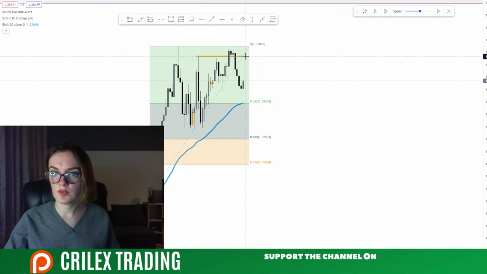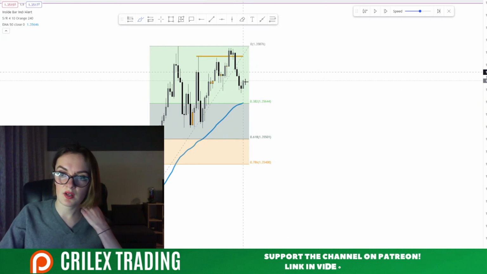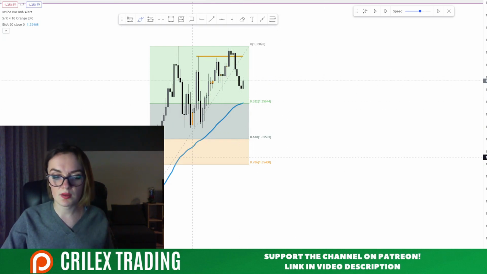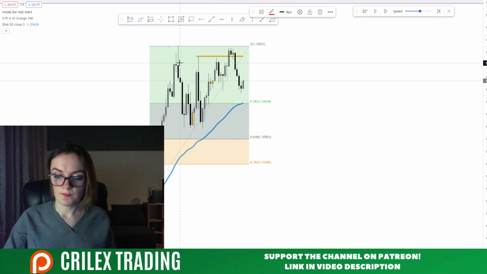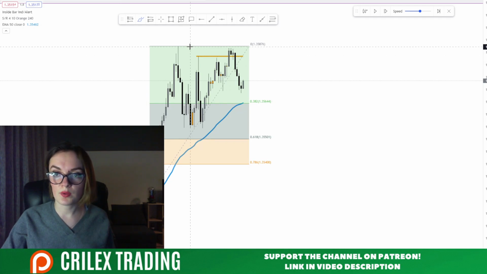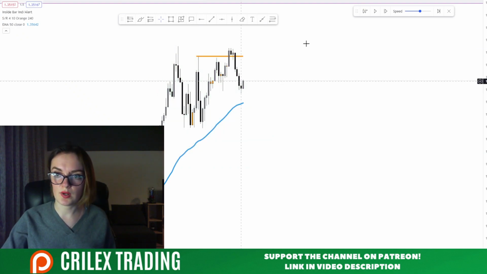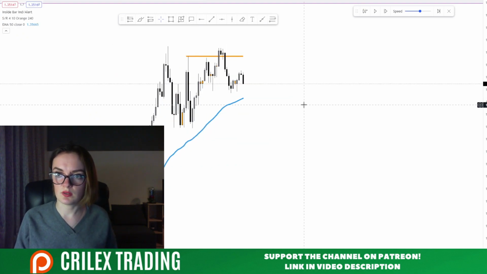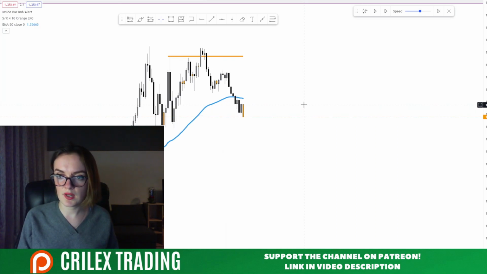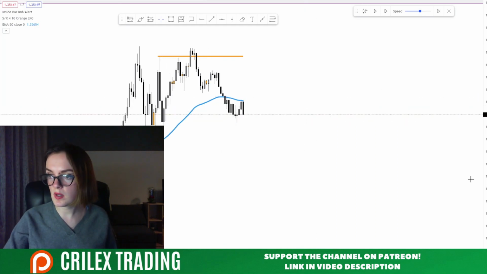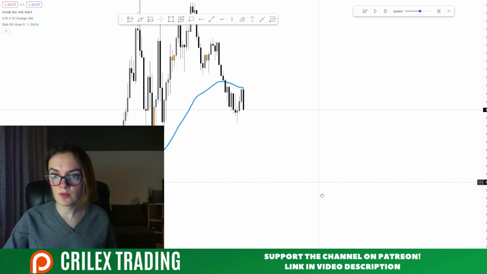So even if the price will go higher after hitting a fib level or the 50 EMA, I'm not interested anymore in any trade here, because it takes too long for the price to go higher. So we can see here that it may be a problem for the price to just break that high. And as we can see here, there might be a trend shift here.